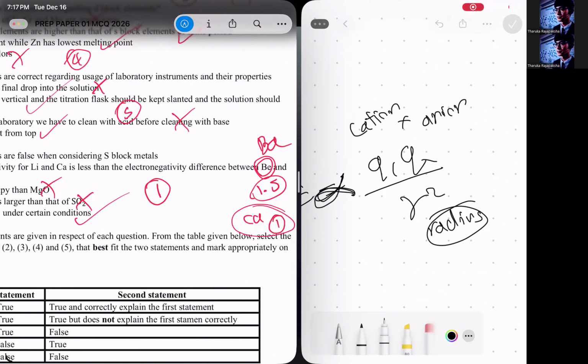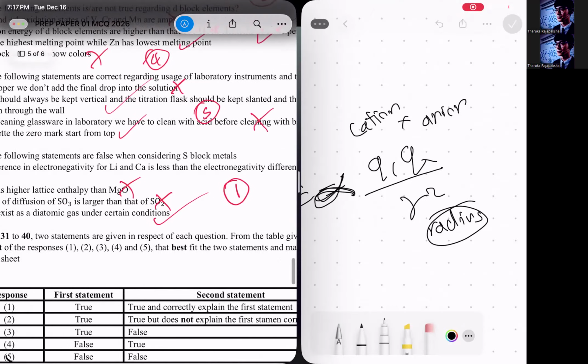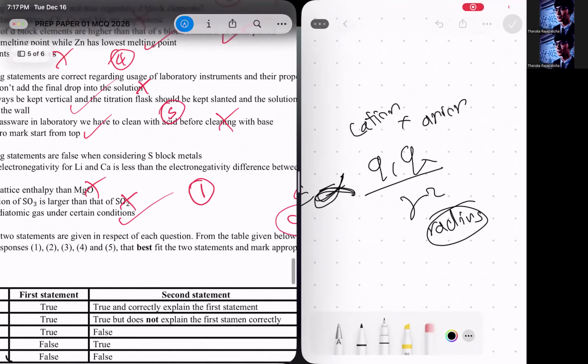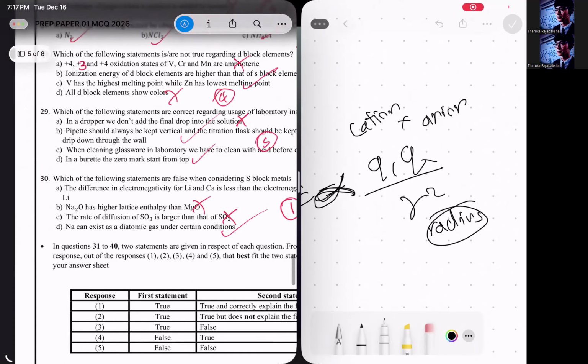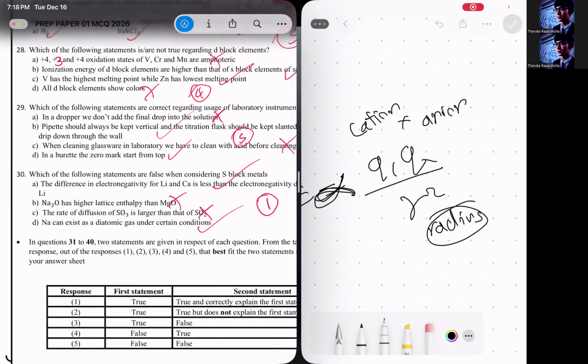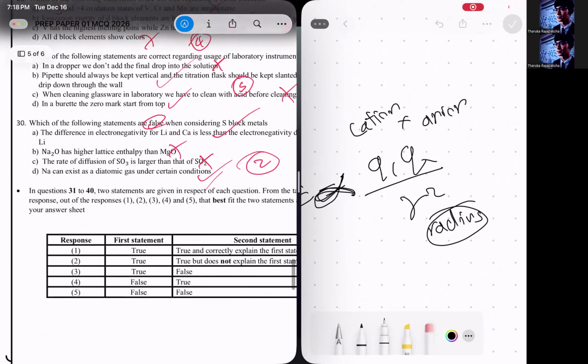So actually there's not much difference between calcium and lithium. But beryllium is 1.5, so it's less than the electronegativity difference between beryllium and lithium. That's correct, people. The answer is answer number 4. 2. They're asking for the false statement. So the answer is answer number 2.